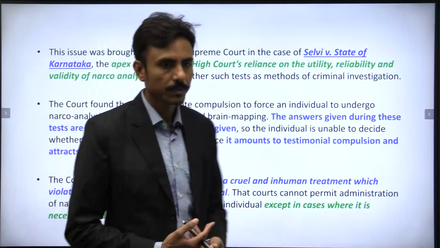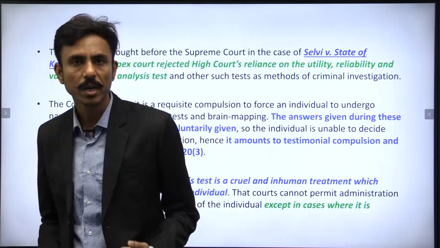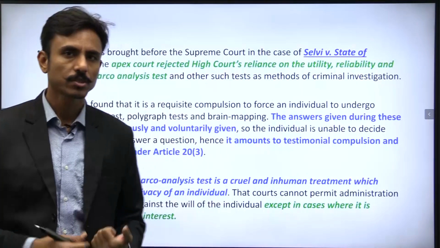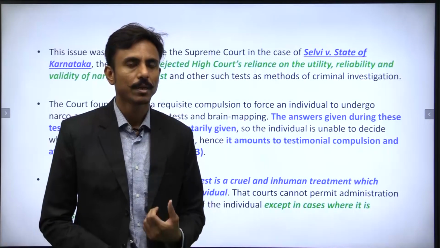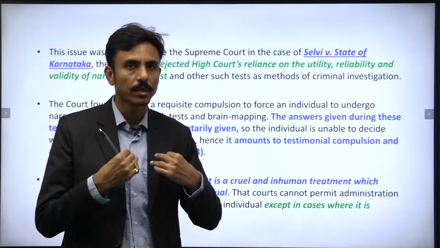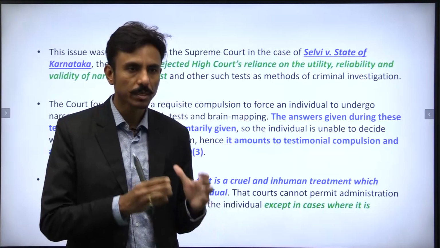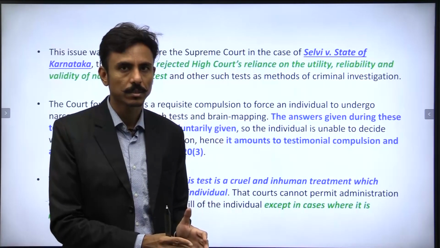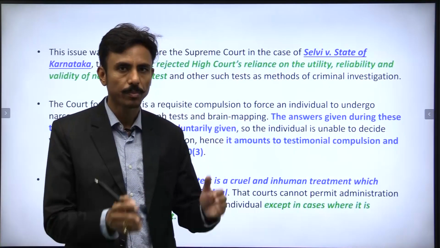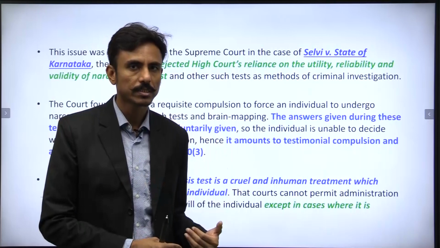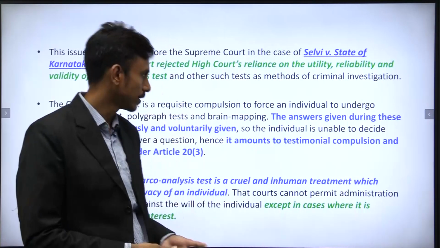Because the lie detector test, the narco analysis test, the polygraph test or brain mapping may not give you accurate results, right? It is very difficult to study the brain, and these tests may not give you the right answers, and therefore any judgment derived from these tests may not be 100% correct, right?